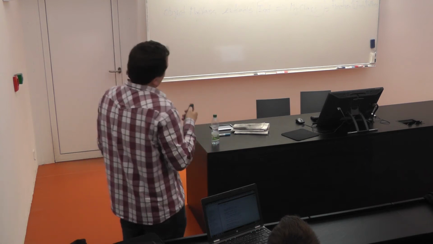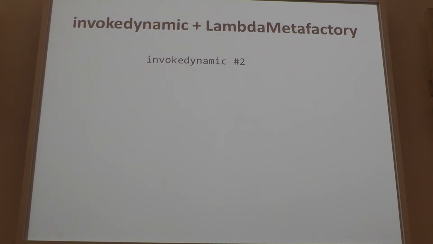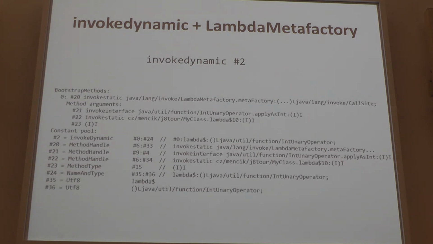As you've seen, there was an invokedynamic instruction, and it takes a reference, like #2. It is a reference in the bytecode to something called the constant pool, which is a storage, or dictionary, of constants used in the class.